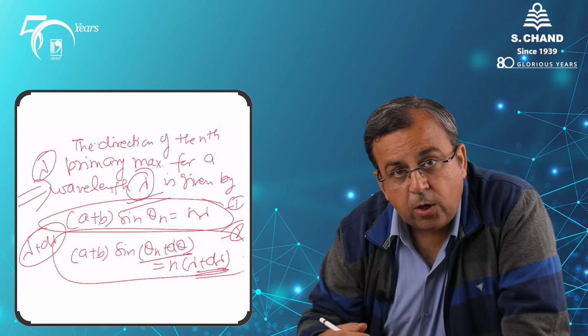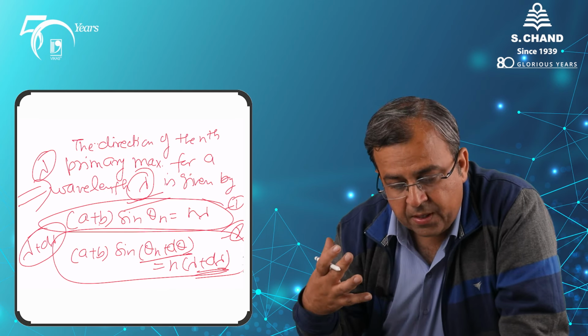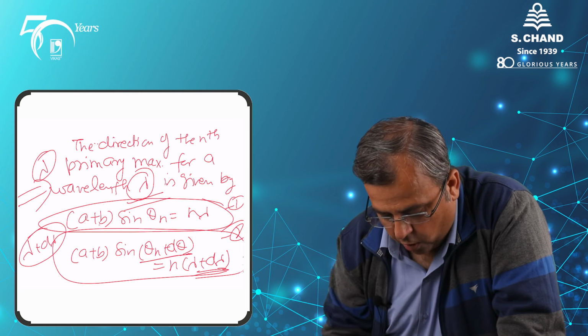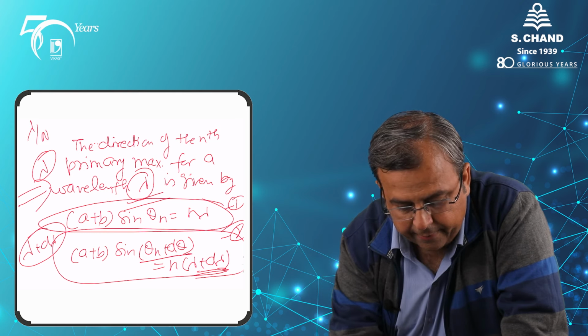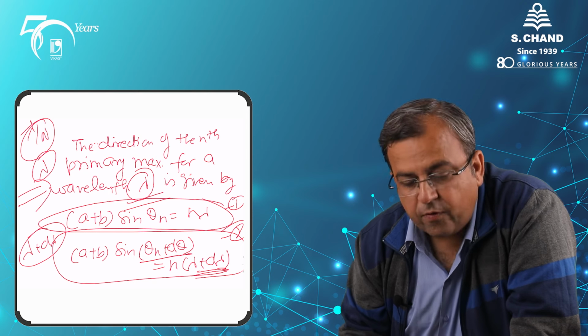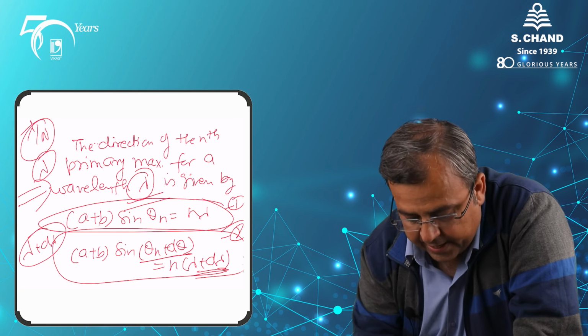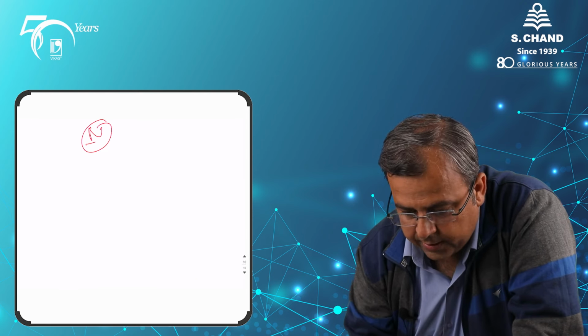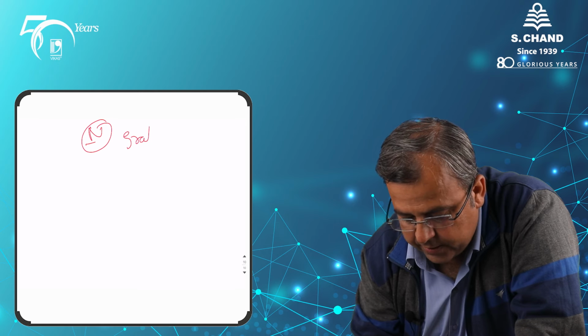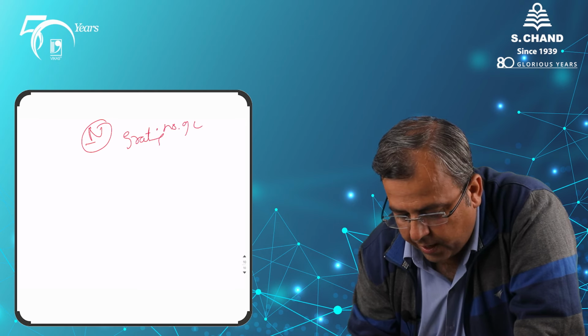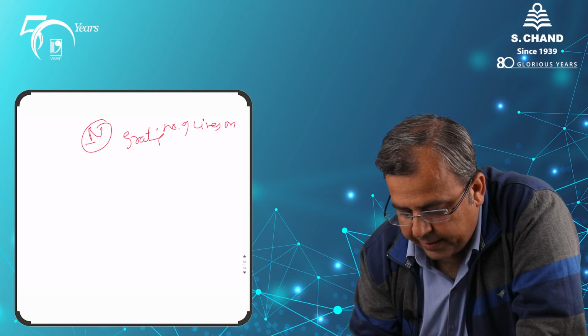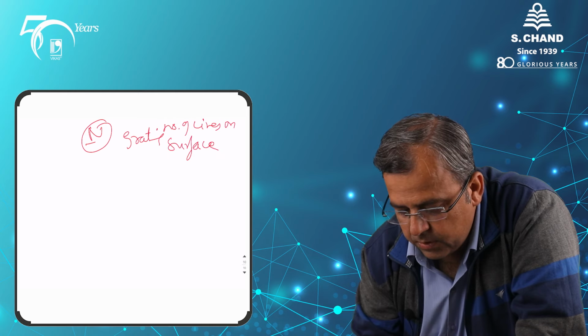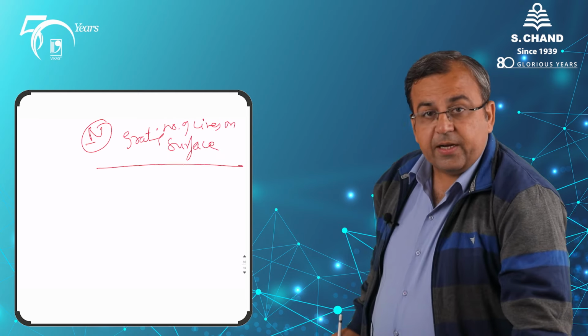So this is possible only when we introduce the extra path difference of lambda upon N, where capital N is the number of lines on the grating surface.